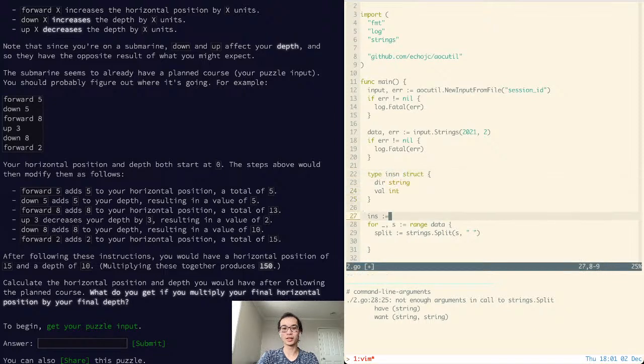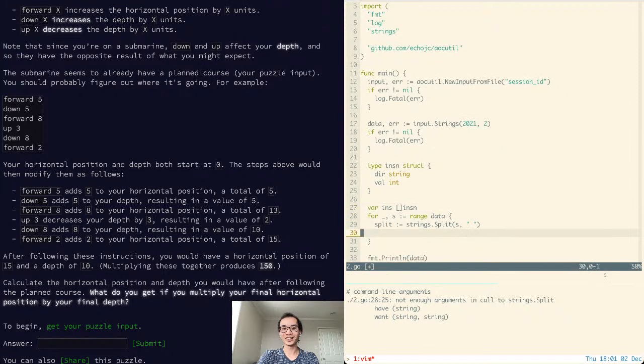We'll do it this way. It doesn't work. It makes no sense whatsoever that I'm pulling it like this, but I can't even type it. So do that, and we will append to it a new instruction with the first value and the second value, which we will need to parse out.